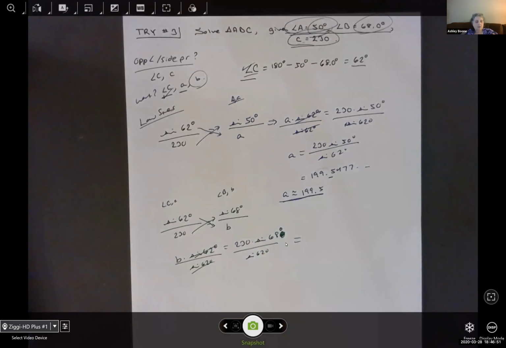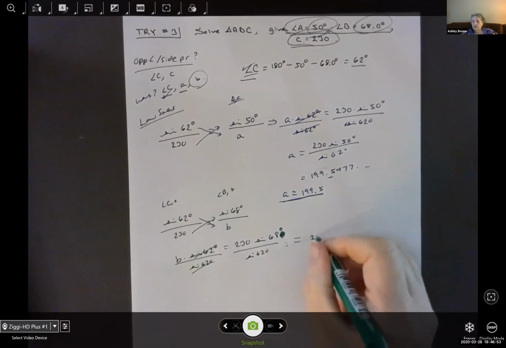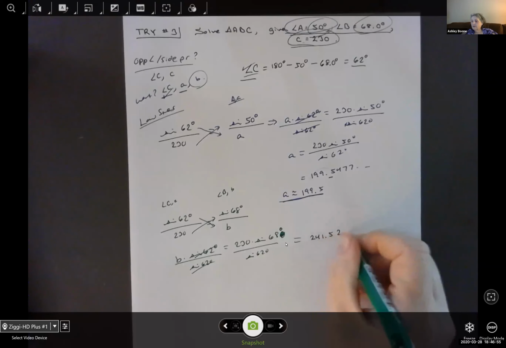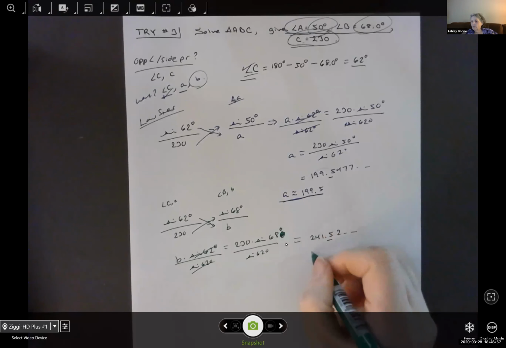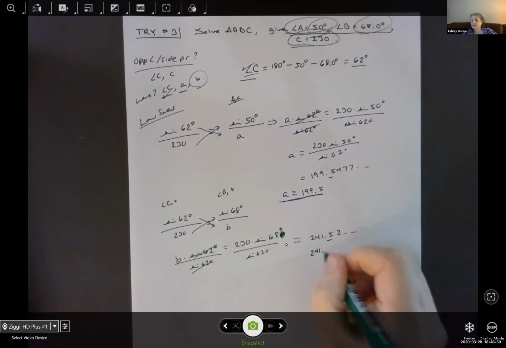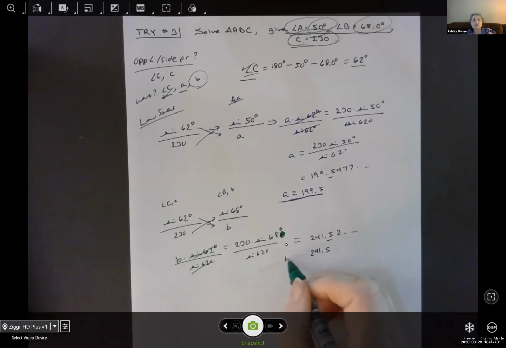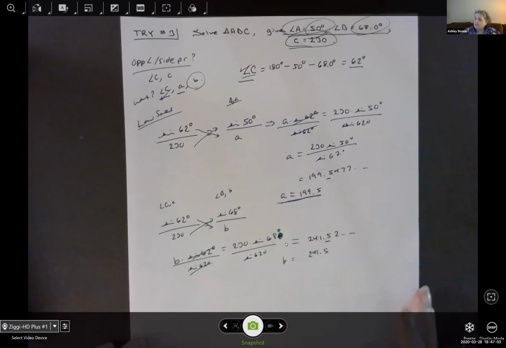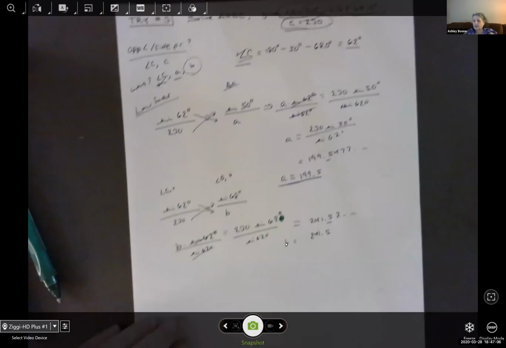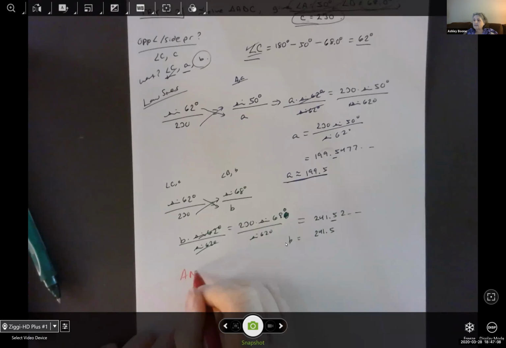And that comes out to be 241.52, etc. So to the 10th, that's 241.5. So what we have for our final answer here is, what did we need to solve? We needed angle C. Well, angle C is 62 degrees.